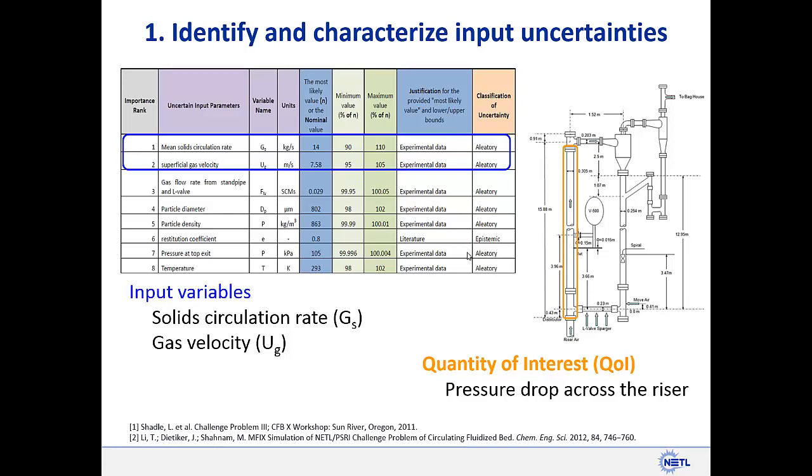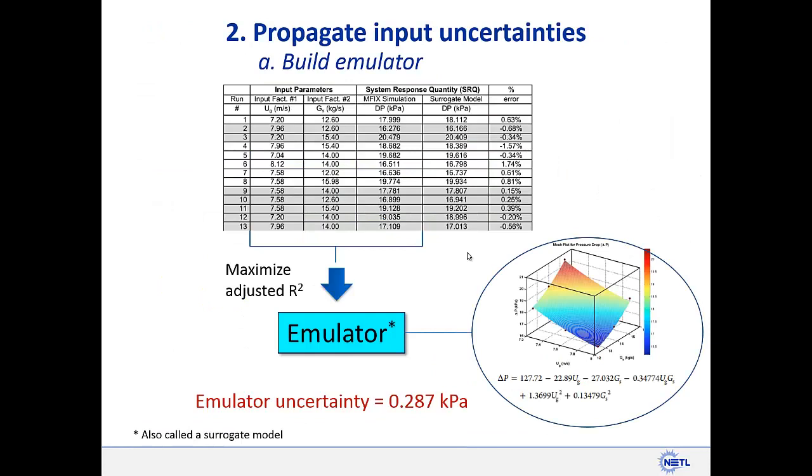In this case, we took that as the greatest error that we found comparing the emulator with the modeling results. And once you have built the emulator, this is the uncertainty in the velocity, the velocity distribution. This is the solid circulation rate, and then you feed that into the emulator.